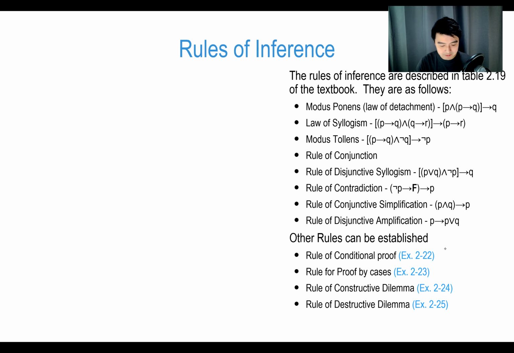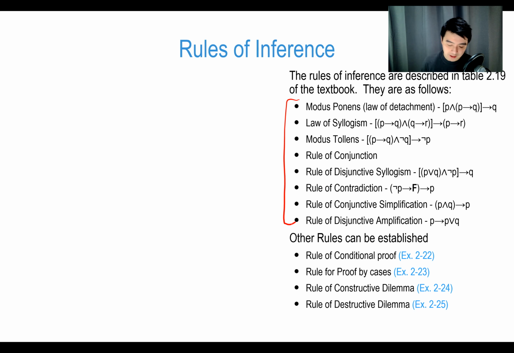So we're going to start from the basics. The first thing we're going to do is introduce all of the laws that we have here. The first one I want to look at is called modus ponens. Notice that we have an implication here. All of the rules that you're looking at here, from modus ponens all the way down to the rule of disjunctive amplification, include an implication.